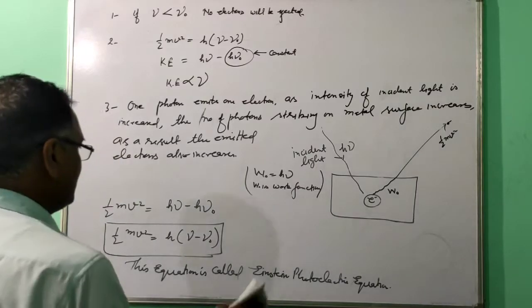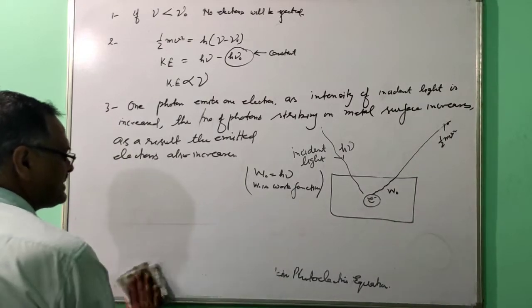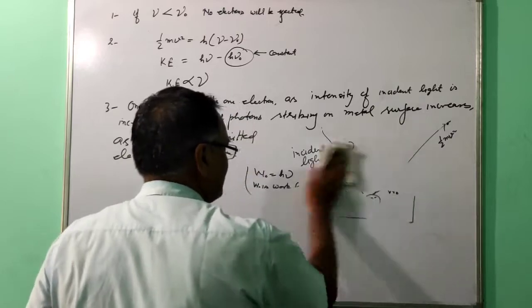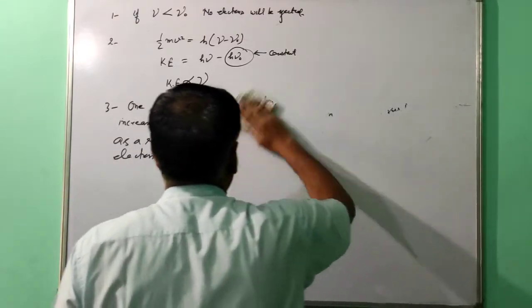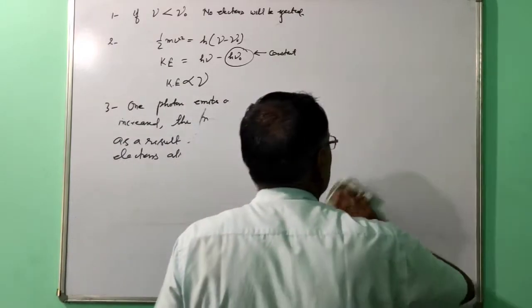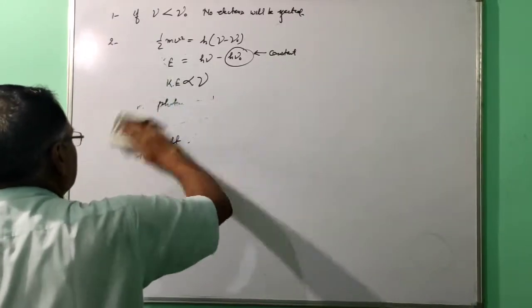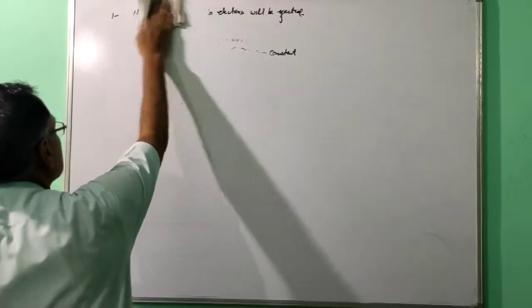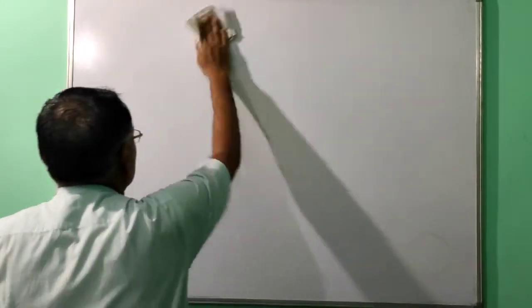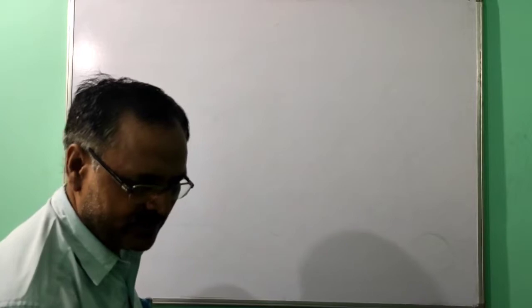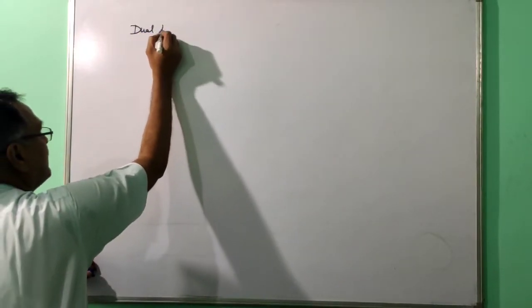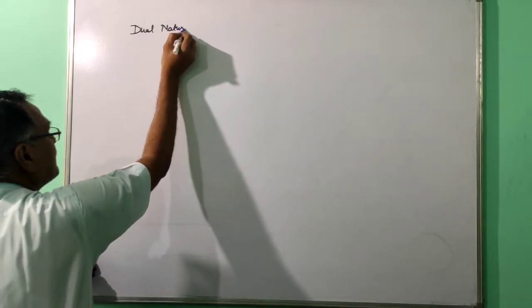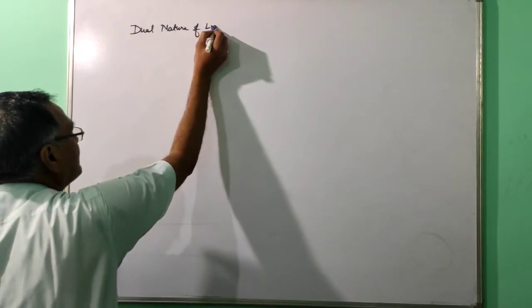Dual nature means double nature. So light has a double character, particle as well as wave. So the next topic is the dual nature of light.